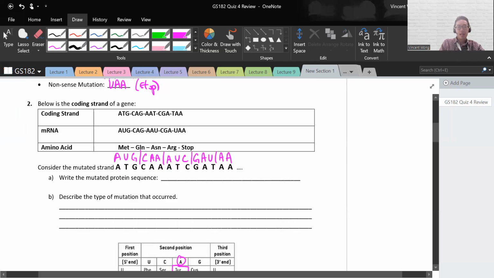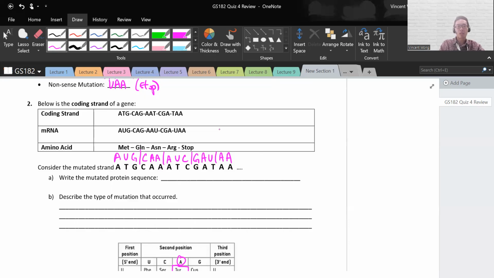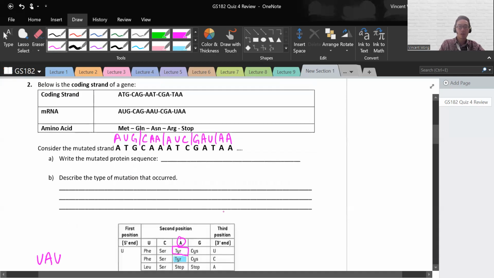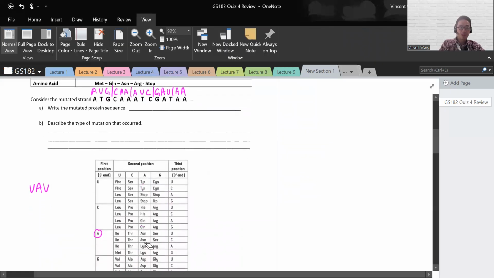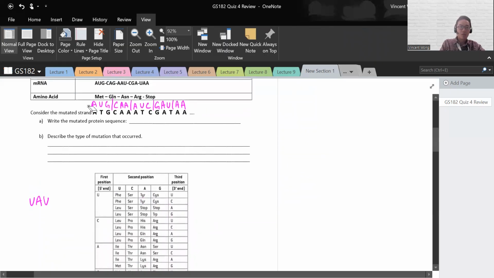You can see once you did the translation that we are actually missing a nucleotide, right? Instead of having triplets all the way, we only have two nucleotides at the end. So this suggests to us that something was deleted. It's probably a deletion mutation. We're going to use the codon chart to help us translate the RNA sequence, starting with AUG.